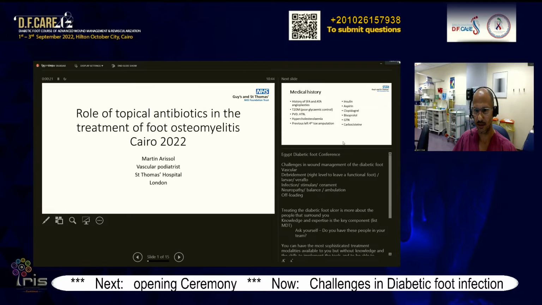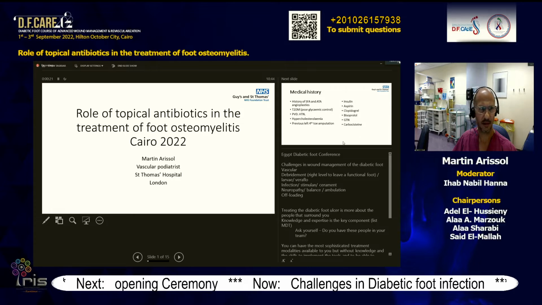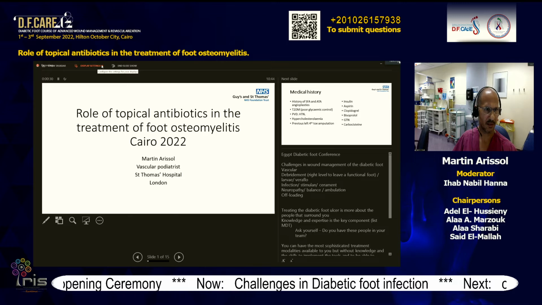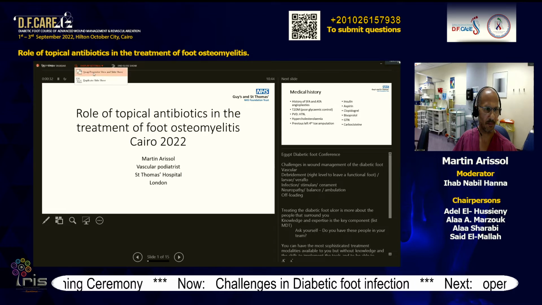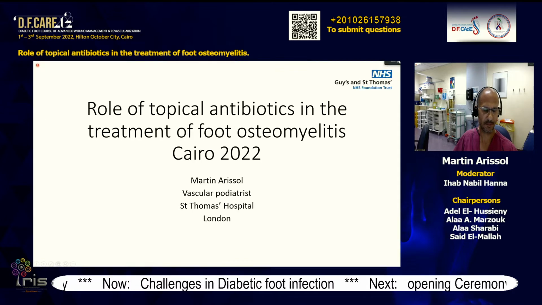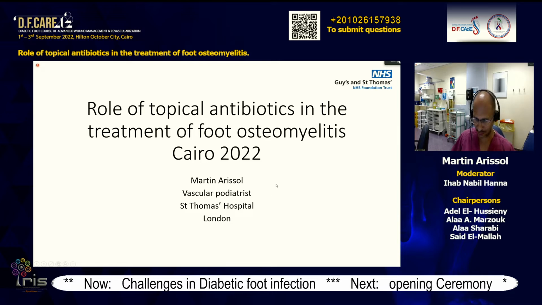On the upper left of the screen, there's display settings. Close that display settings. Duplicate slideshow. Brilliant. Thank you very much.